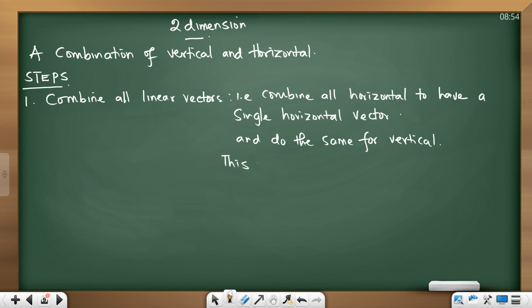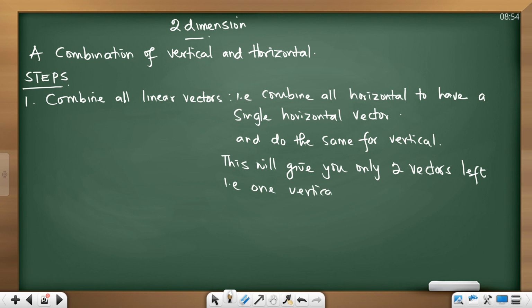This will give you only 2 vectors left: 1 vertical and 1 horizontal that are perpendicular, very key, to each other.